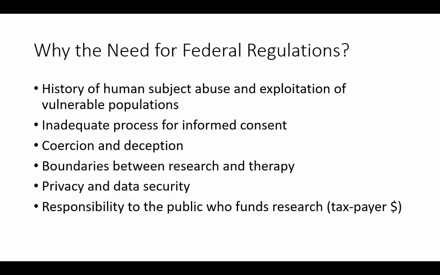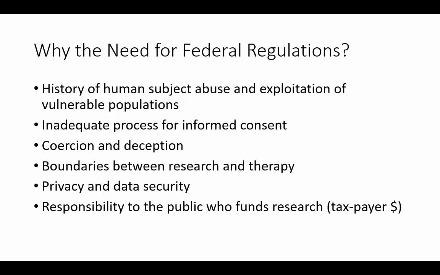So why is this needed for federal regulations? As we can see, the history of human subject abuse and exploitation of vulnerable populations has occurred. If we do not have an adequate process for informed consent, we place our participants at risk. We need to be careful of coercion and deception. We also need to examine the boundaries between research and therapy.